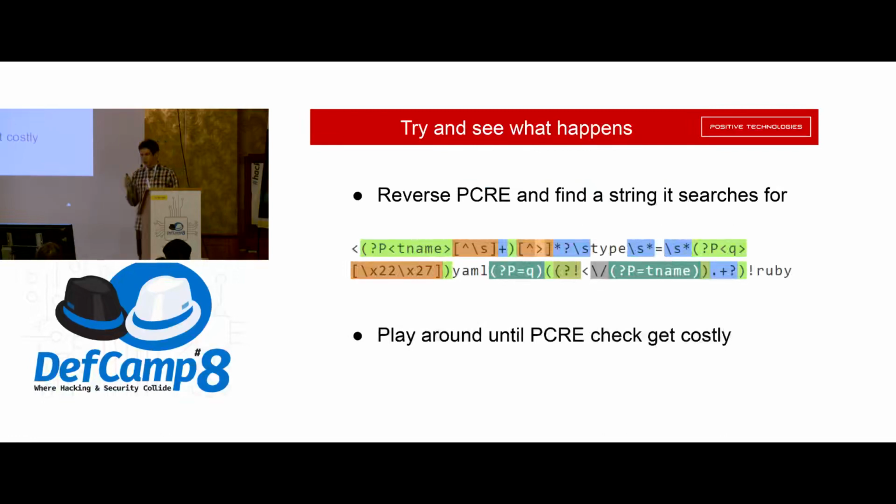In order to make use of the regular expression, we have to reverse it back and find the string that this regular expression searches for. So it's a reverse operation: not build a regular expression, but build a string. Then, after we find the string, we will try to modify it in a way that causes the regular expression engine to take as much CPU time as we can achieve.